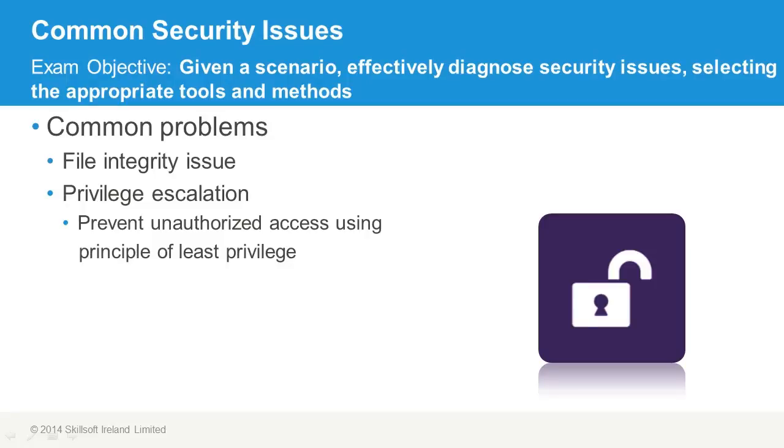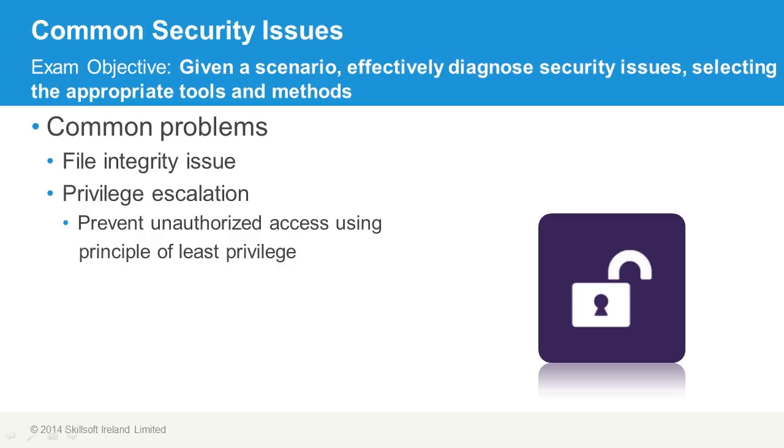Particularly if it's some kind of a database application. They can insert incorrect records, delete records, put updates in there that simply shouldn't be there. So file integrity from the perspective of security usually means is the information, the data itself, correct.